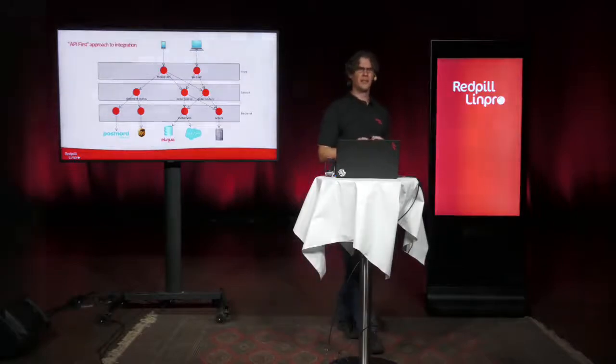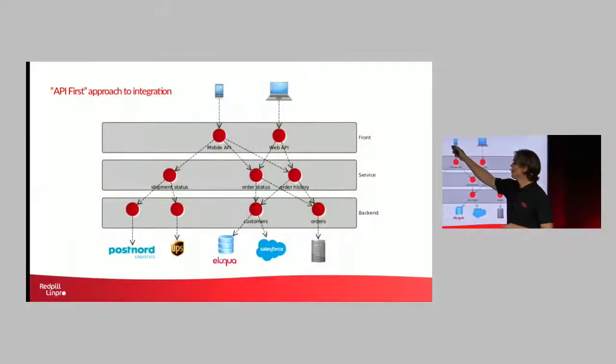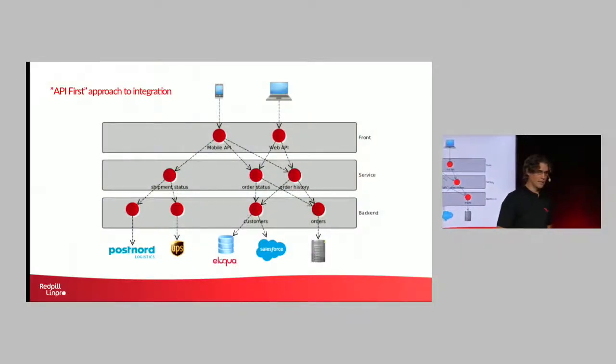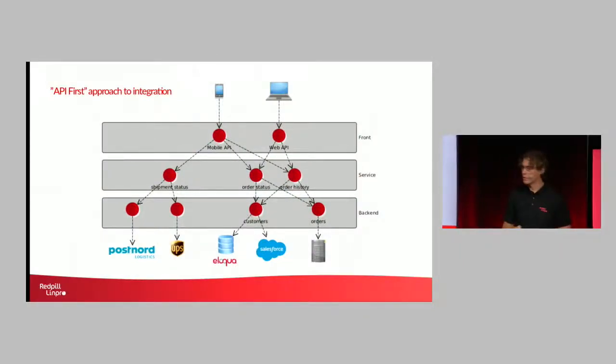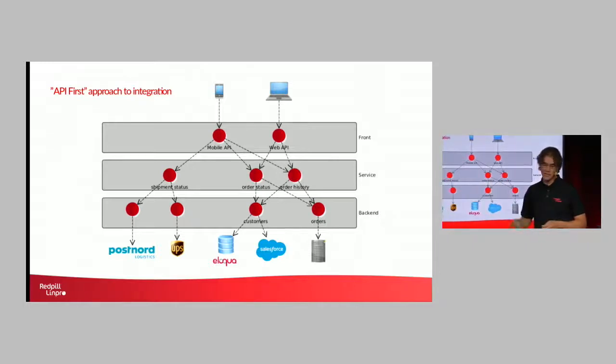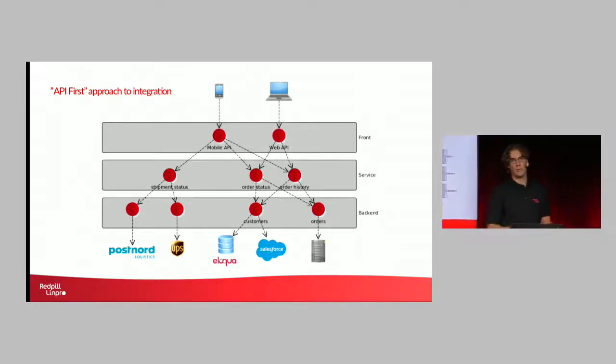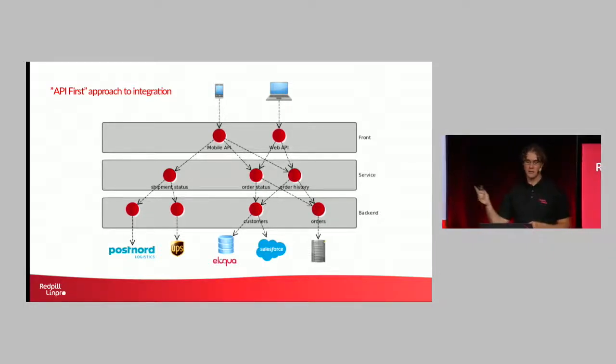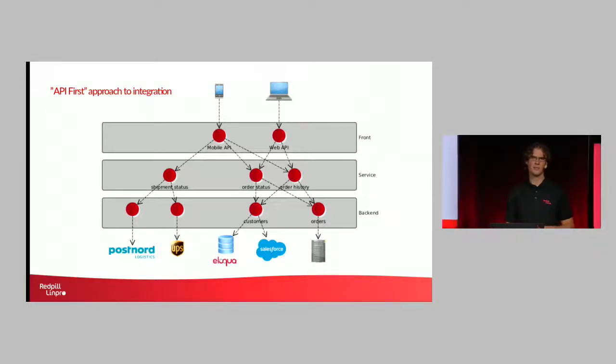The benefit of building in this way is that when we have new requirements, for example a second client coming in that needs to get the same data, we can build a new front-end API. It's the same data that we're going to expose, but this new client has some different requirements.